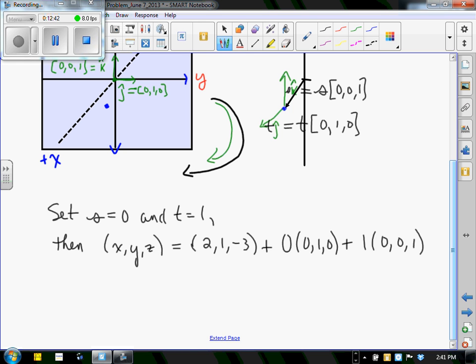So what we're going to see here is 2, 1, minus 3. This here is going to be a 0, and over here we have 0, 0, 1. Adding the components of those together, not vectors, but points, we end up with 2, 1, and minus 2.